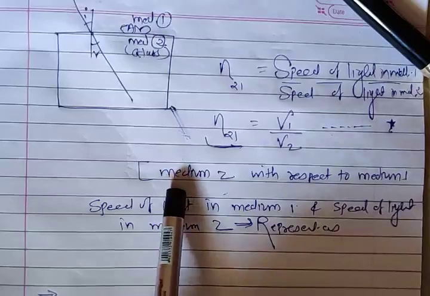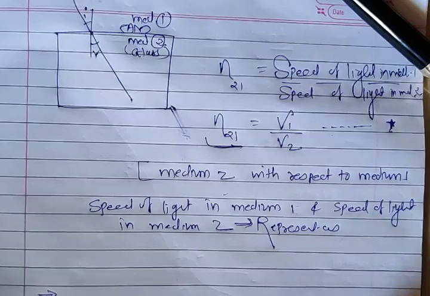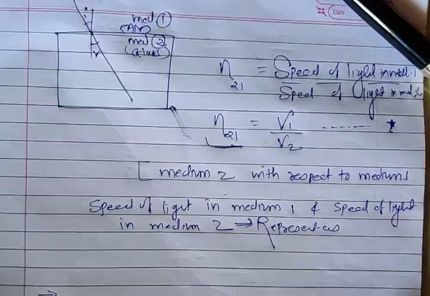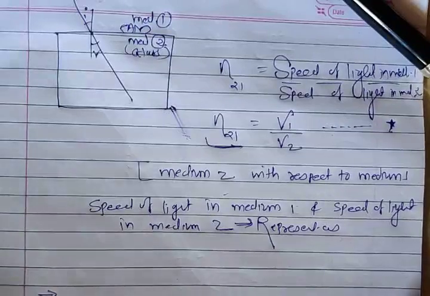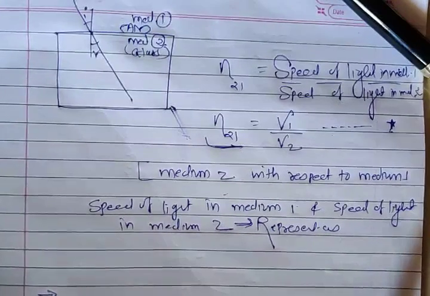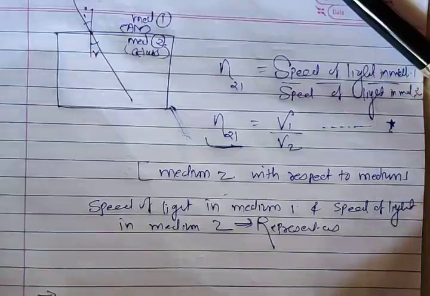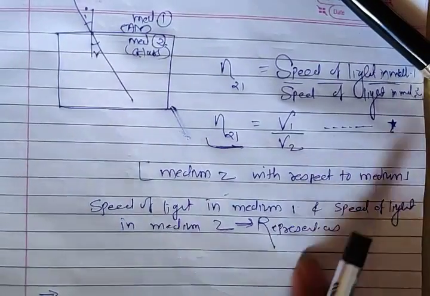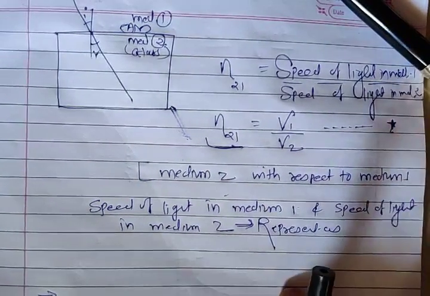Same way for a glass slab, everywhere it is a constant. Same way air has been considered as a constant. Dense flint glass, carbon disulfide, rock salt, sapphire, ruby, then turpentine oil, benzene, crown glass, ice, all are going to show this type of phenomena.